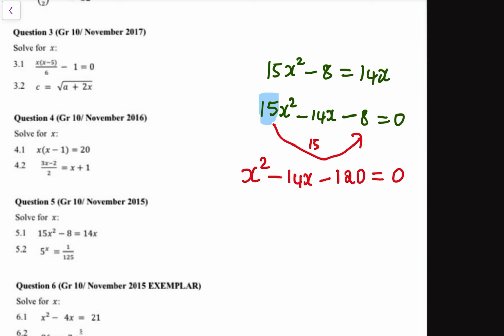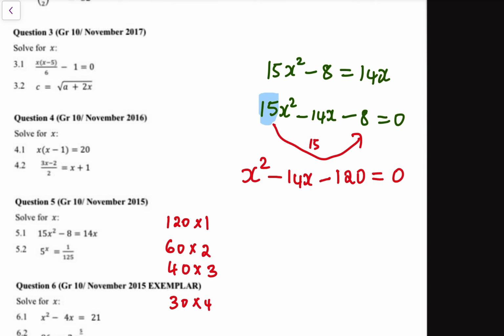Now, we are looking for factors of 120. So we need to write all factors of 120 down. So we have 120 times 1. And then we have 60 times 2. We have 40 times 3. We have 30 times 4.